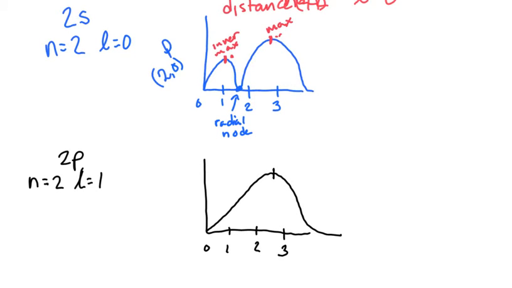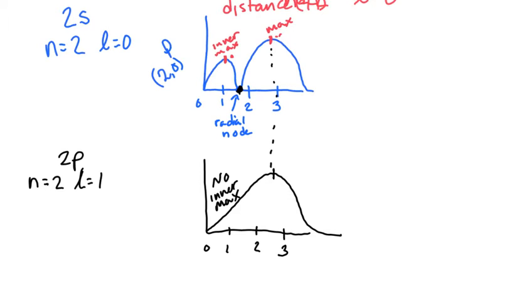Okay, so our max point is pretty similar between our 2s and our 2p. The difference is that there is no inner max point. Okay, there's no radial nodes. Our line here does not approach 0 the way that it did when we were dealing with the 2s orbital.